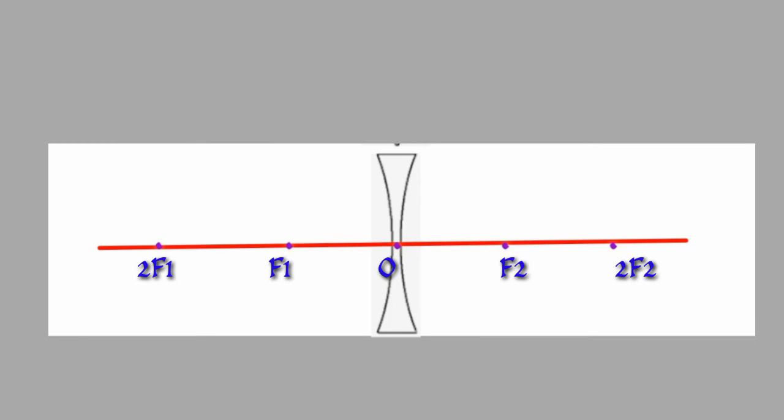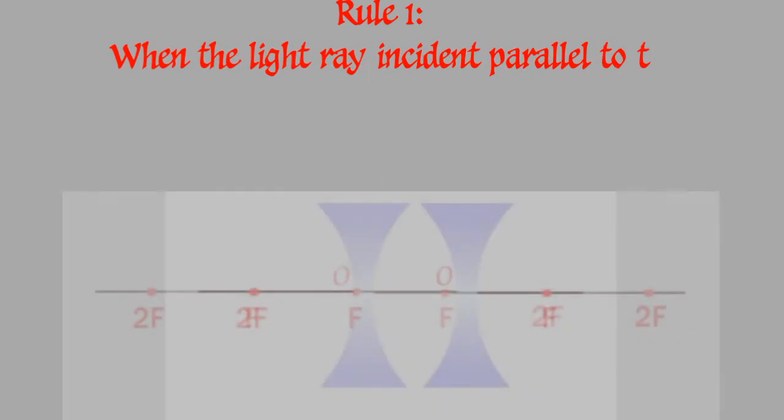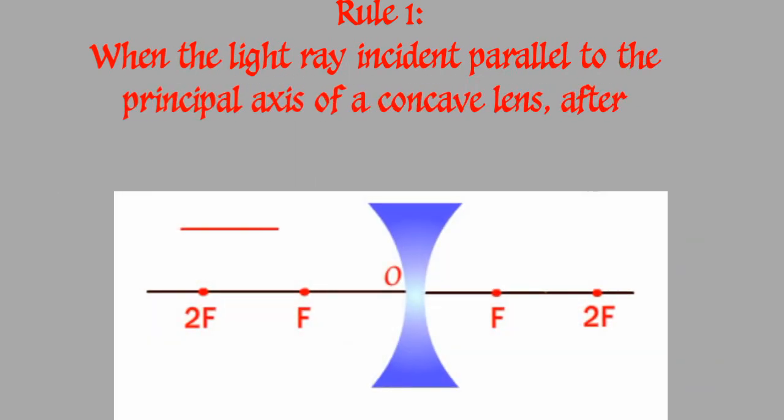For a concave lens also, we have to consider the optic center, the center point of that lens, then 2 principal foci, F1 and F2 on either side, and instead of the center of curvature, 2F1 and 2F2. The first condition is, what happens if a light ray is passing parallel to the principal axis?